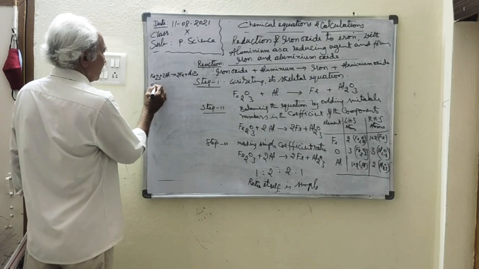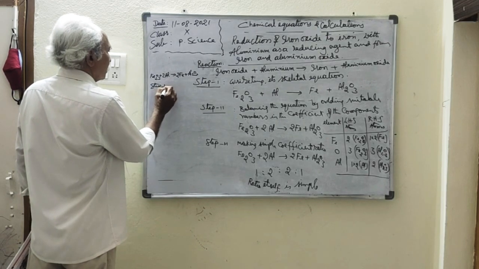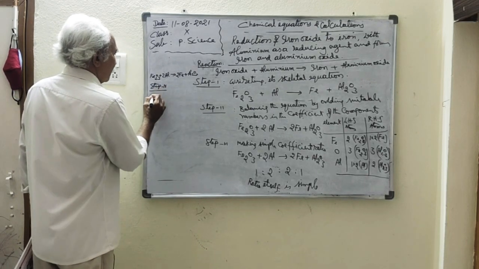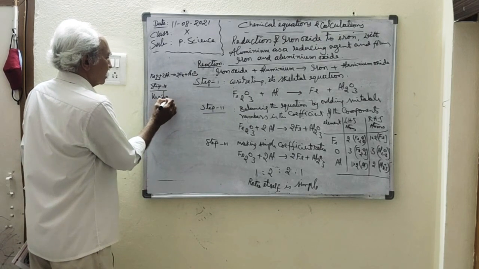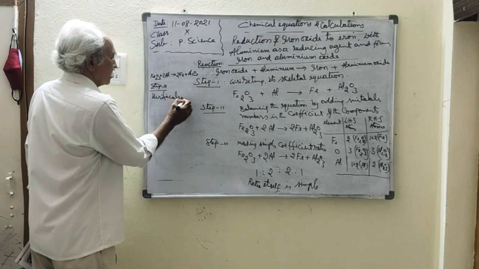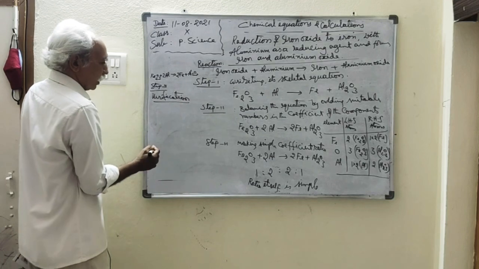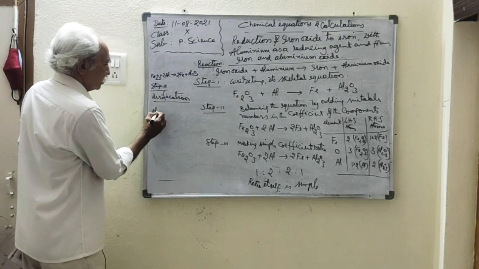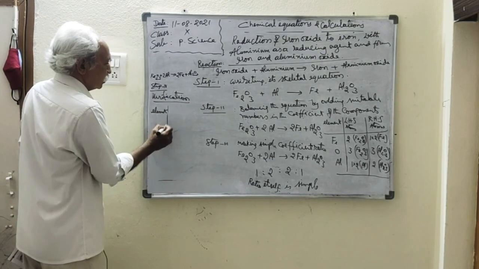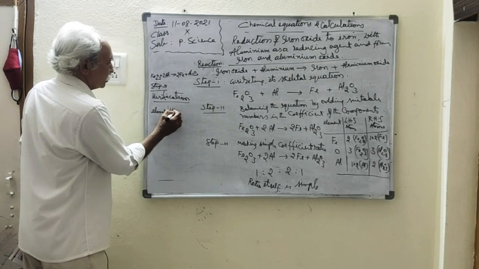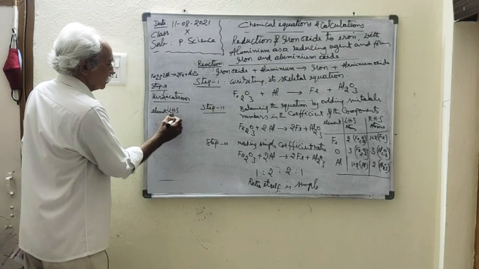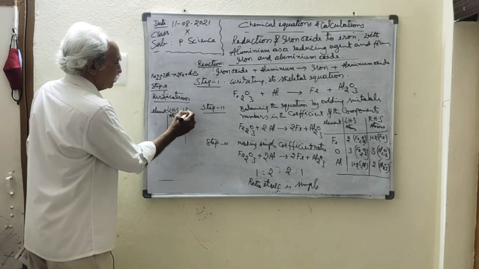Next, last step number 4, verification. So here what is the verification? Again you write the element, left hand side atoms, right hand side atoms.